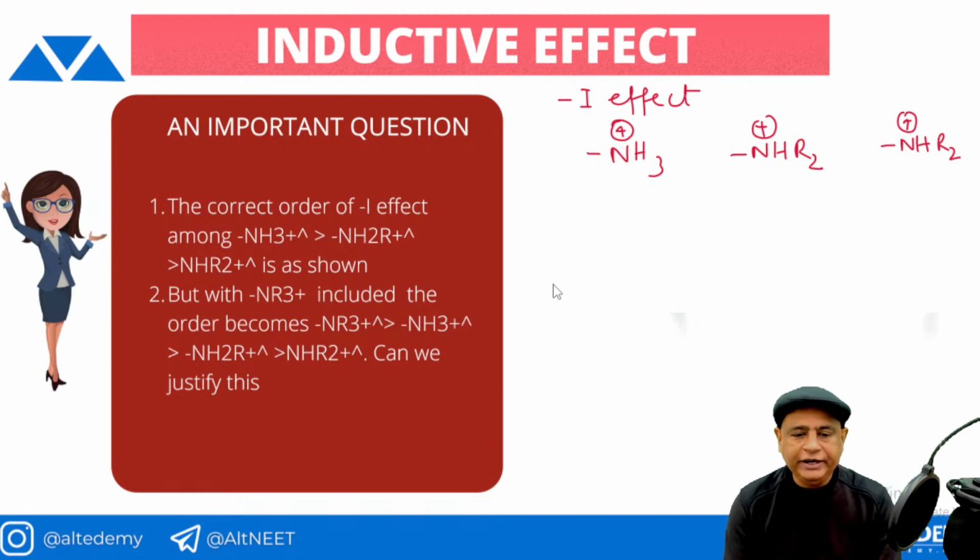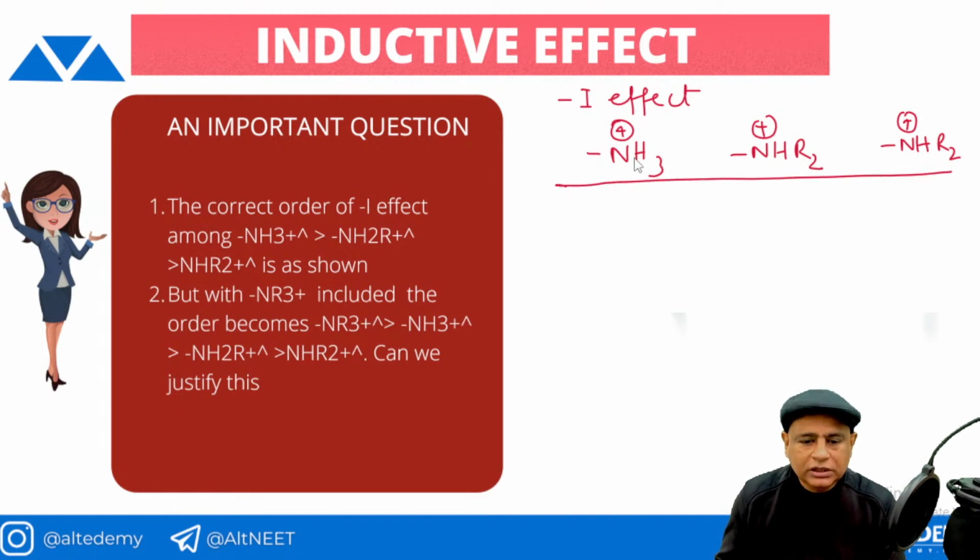If we try to find out the extent of minus I effect, which of the three will pull the electron most effectively? Here you can think logically: NH3 plus does not have any alkyl group attached. The second should be NH2R, I'm sorry, and this is NHR2.